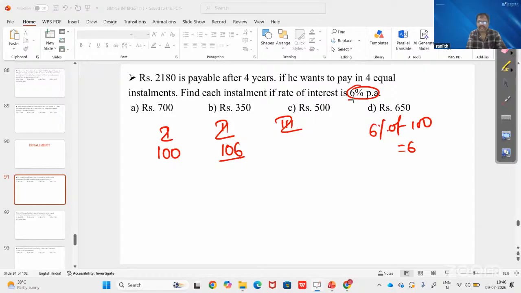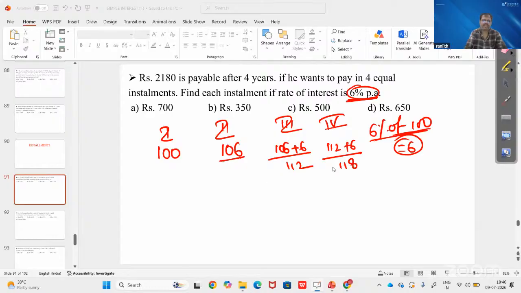Here the percentage is the same always, 6% of 100 equals 6. Already we are paying 106, 106 plus 6 equals 112. And the final fourth year will be 112 plus 6, equal to 118.